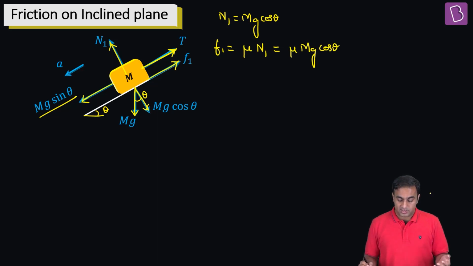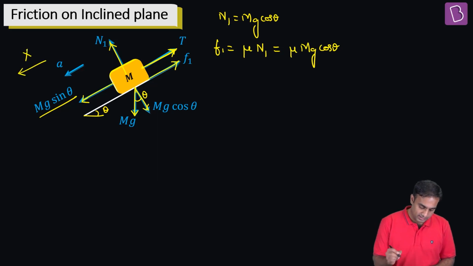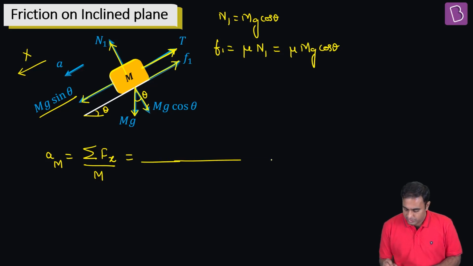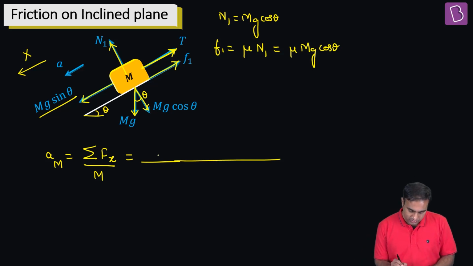To calculate acceleration of this block, let us consider this to be the x-axis. So acceleration of capital M will be all the forces acting along x-axis put together divided by the block mass. So which are the forces acting along x-axis? Remember, the forces acting along positive x-axis will be considered positive, otherwise negative. So down the inclined plane is plus Mg sin theta.